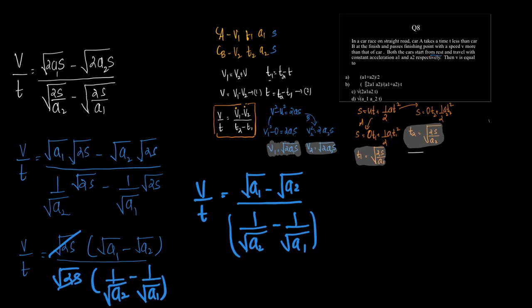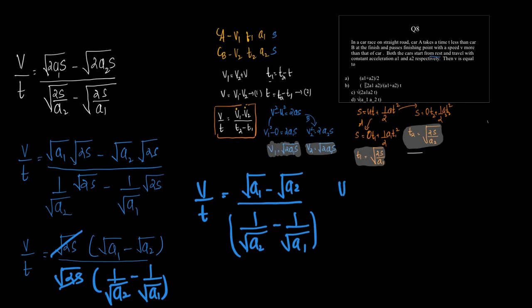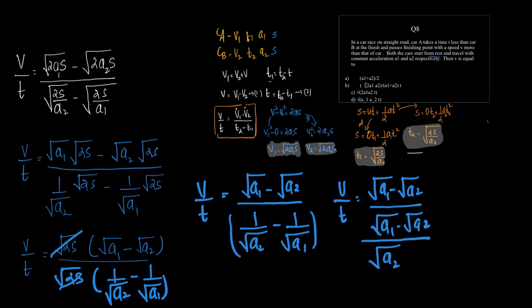Which further implies v by t is equal to root a1 minus root a2 the whole upon root a1 minus root a2 by root a2 into root a1. Why? Because 1 by a minus 1 by b is equal to b minus a by ab.